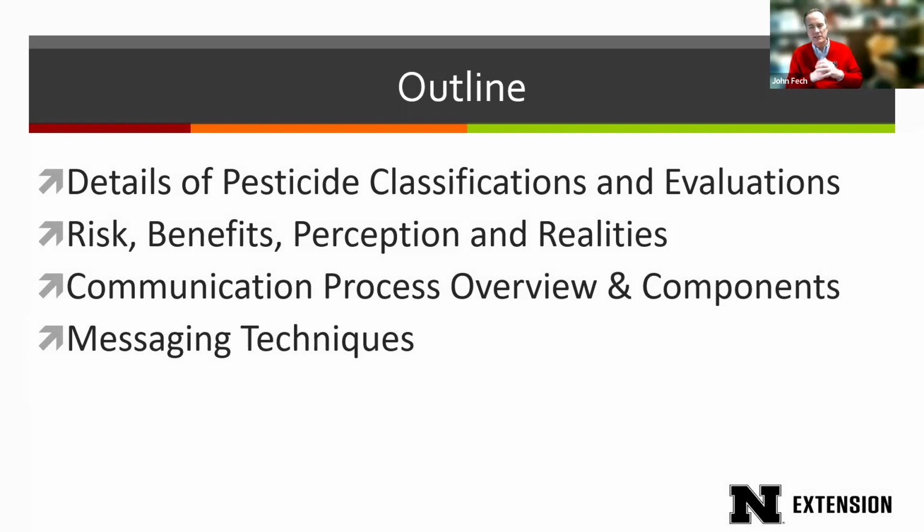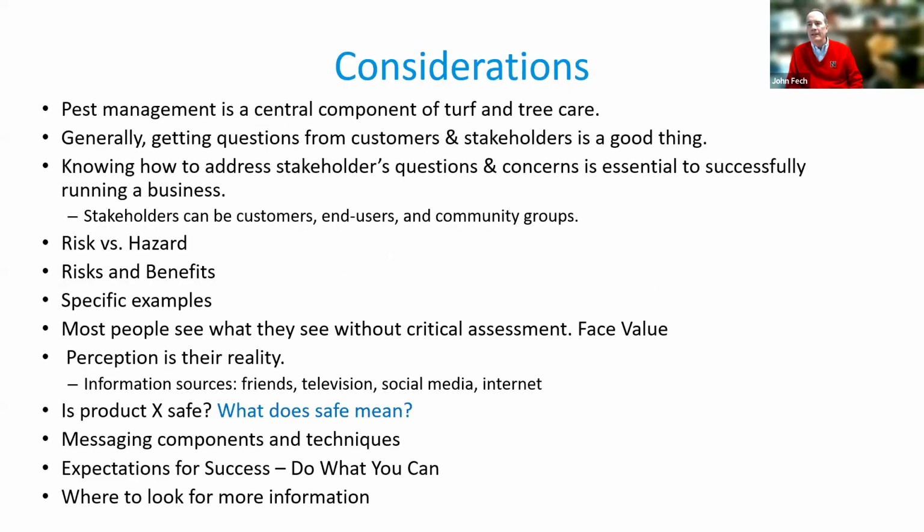And we all look at things differently. We'll talk about the communication process itself, and then we'll finish up with some messaging techniques that you can use with your customers and clients. Embedded in those 4 basic components are a variety of subtopics, and we'll get to all of those. But pest management is a central component.